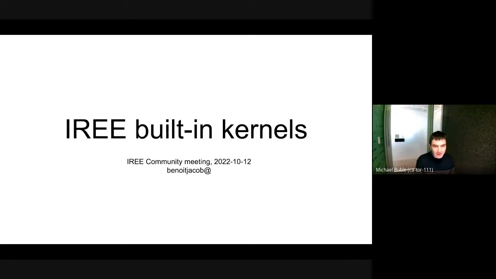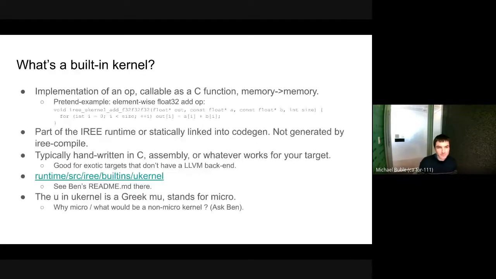There you go. Okay, so here are built-in kernels. So what's a built-in kernel? It's just a function. As a first approximation, let's say it's just a C function, except you can implement it however you like, as opposed to something that's generated by IREE compile. And the interface is memory to memory.